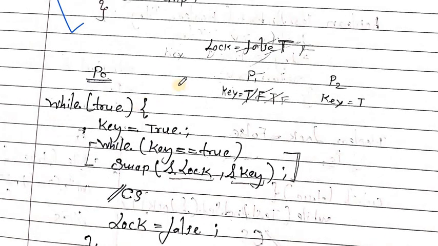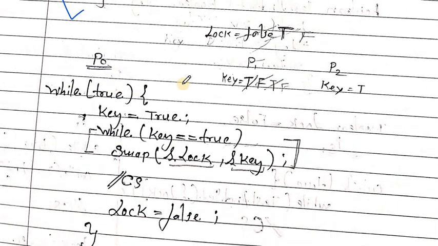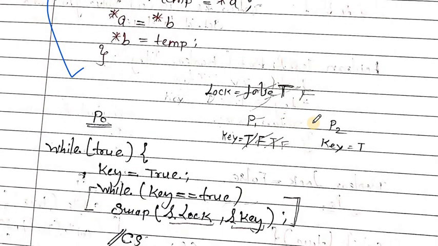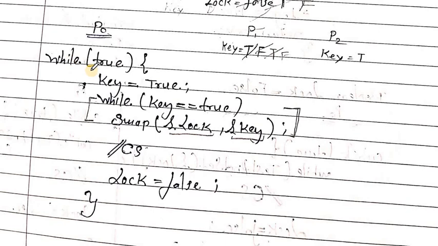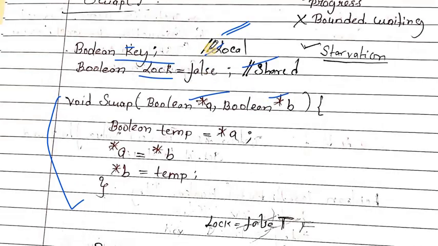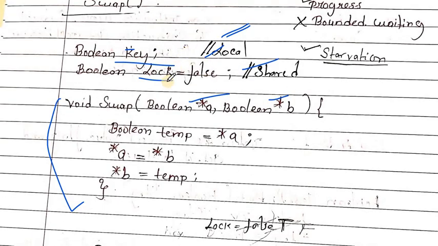Okay, so here check the conditions for P0: mutual exclusion, progress and bounded waiting. To check these three conditions, let's understand. Here for P0, make key equal to true. Key is local, meaning each process has its own key.